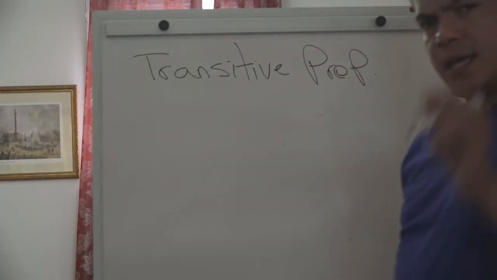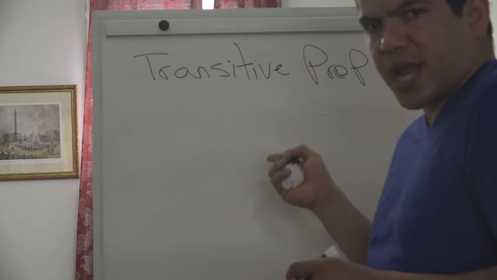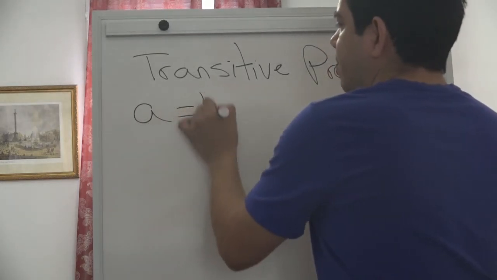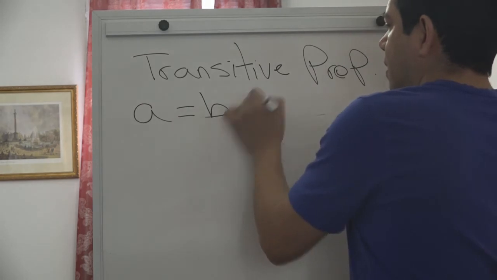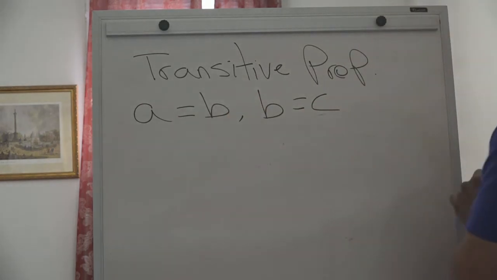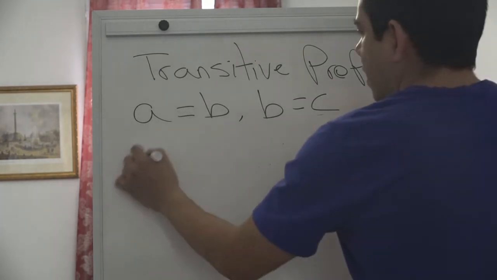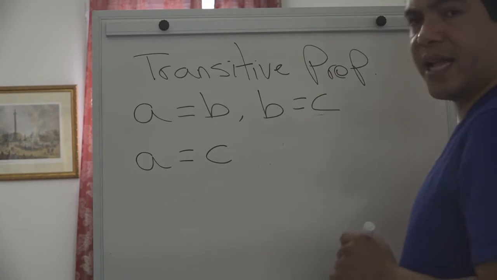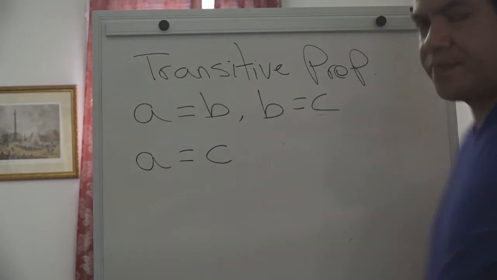I'm going to give it to you in symbols right now, and then I'm going to explain what it means. A equals B, B equals C, therefore A is equal to C. Listen to me.